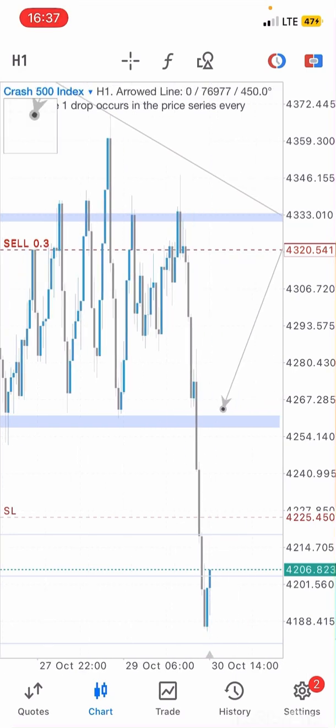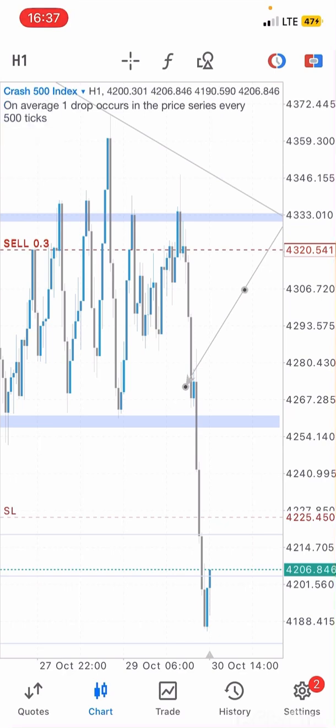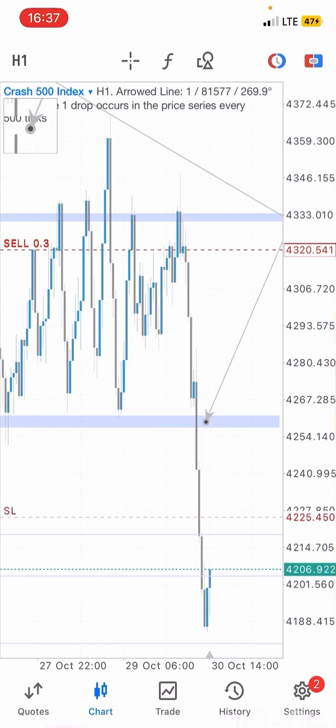As soon as the 15-minute candle closed just below this demand, you had to enter more sales. Of course, we are in the 1 hour time frame, but it still had the same meaning in the 15-minute time frame.